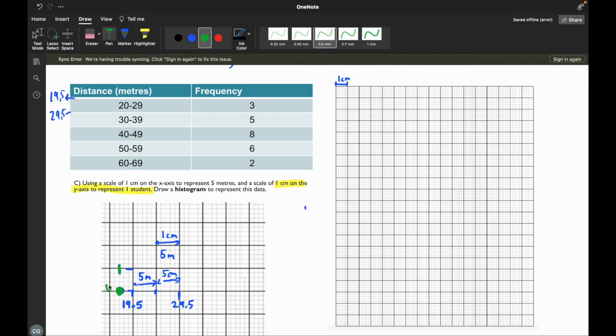So from here to here is also 1 centimeter. It's a perfect square. So 1 centimeter up from this black line to that black line. Likewise, going left to right, that's also 1 centimeter. So it says 1 centimeter represents one student. That means from 0 to 1, that's one student, which is 1 centimeter. So then here now, I would have to do 2 centimeters. Here I would have to do 3 centimeters, and so forth.